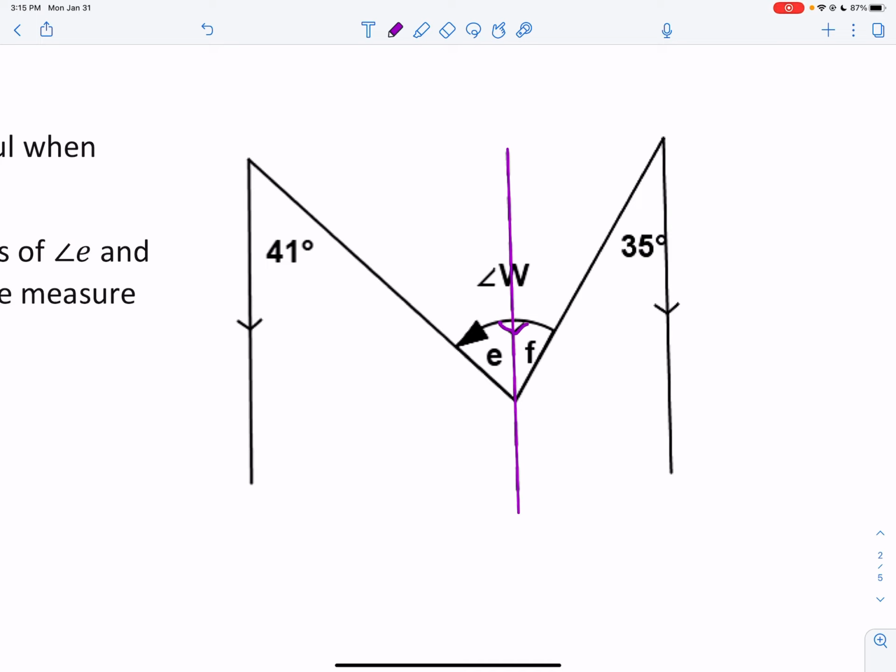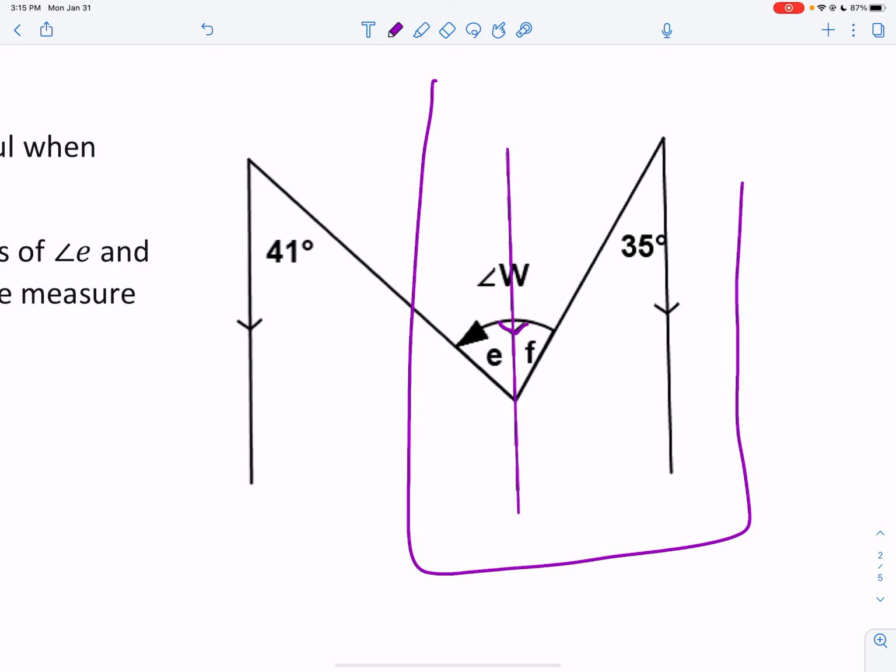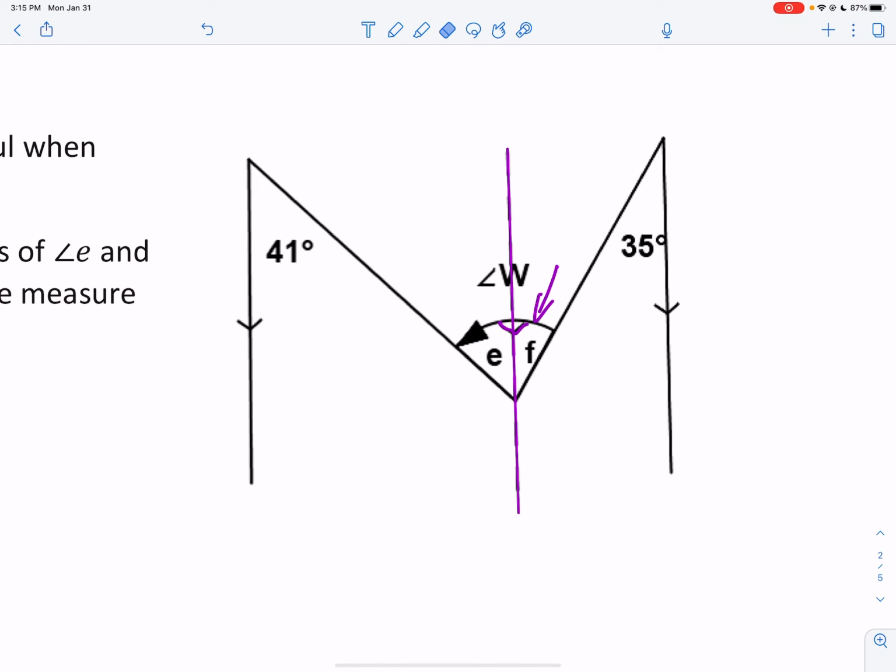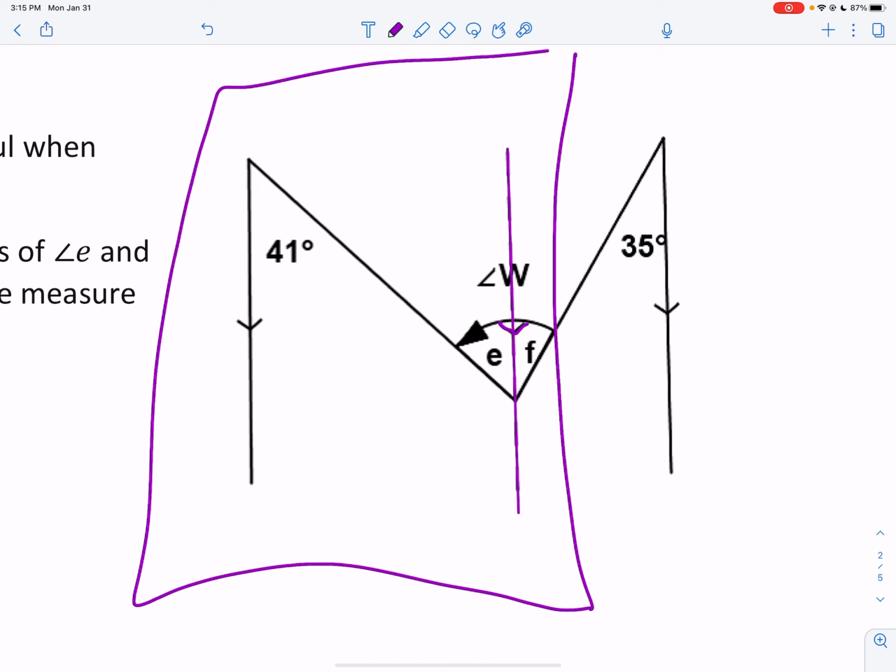But we're saying that there is such a line that you could draw that is parallel with the other two lines. That allows us to only look at this part on its own first to figure out what this angle is. And then we can look at these two parallel lines, because you can't look at all three of them at the same time as much.